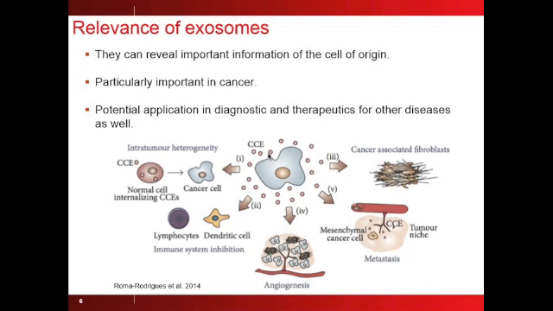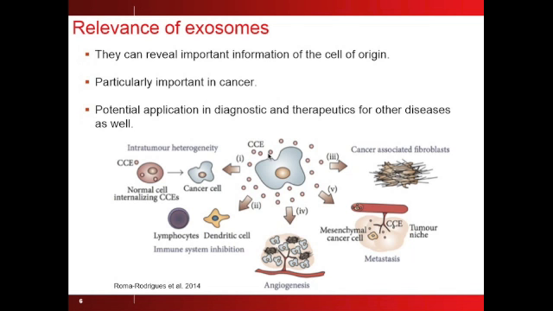Okay, so we're talking about what they are, and the relevance of why we want to study exosomes is this. They reveal important information about the cell of origin. As we say, they have an endosomal origin, so whatever is contained in the exosomes is a representation of what the cell contents will be in the bigger picture, right?